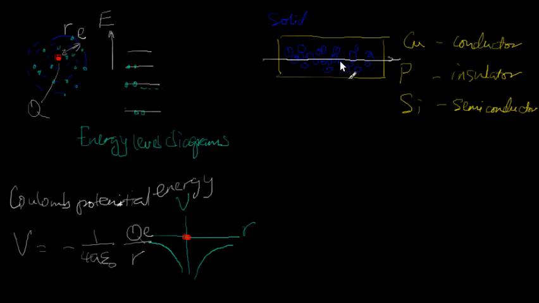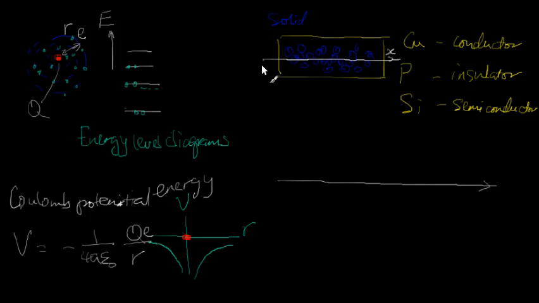So suppose that I follow this line, I call it X. I follow my line X, and I try and draw the potential energy on the electrons due to the positive nuclei of the atoms, right?